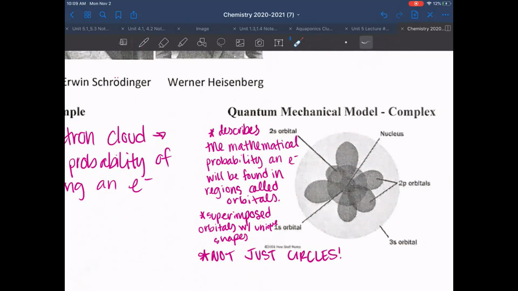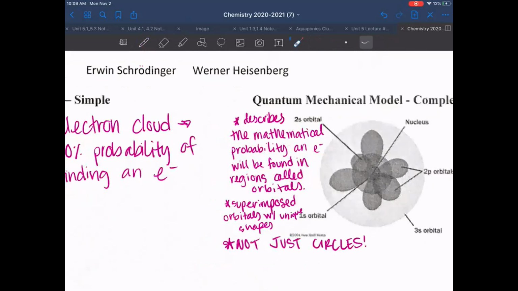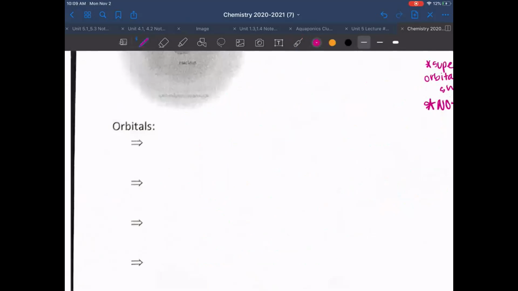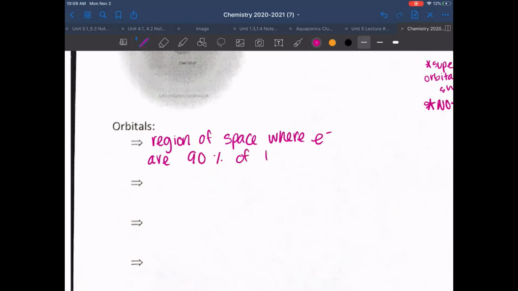Okay, so the four biggest things that we'll make a note about orbitals is that it's the region of space where electrons are 90% of the time. They have different shapes.